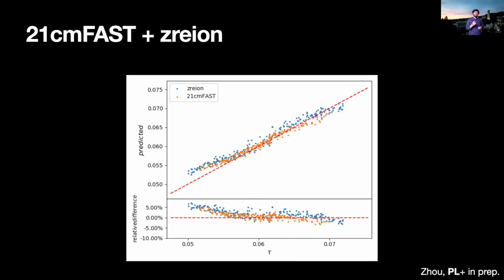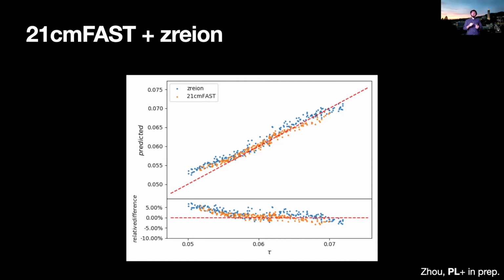But we could make 21CM fast or Z-Reion realizations that are that size, and that's something I've been talking with other people about doing. Basically, you do the radiative transfer, you get one shot, but then you try to infer the 21CM fast or Z-Reion parameters that went into it, and what error bars are associated with it.